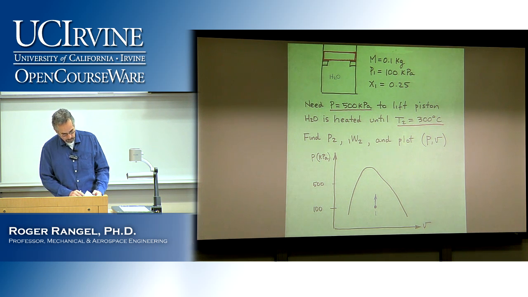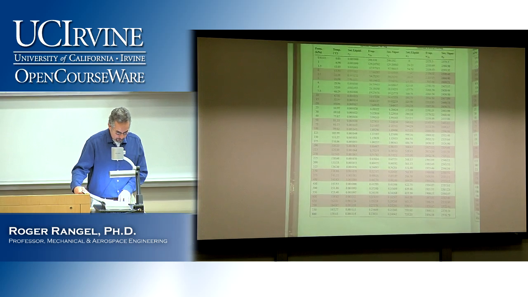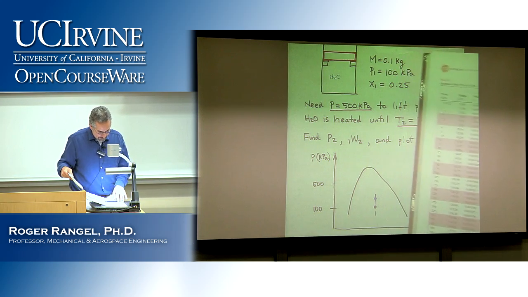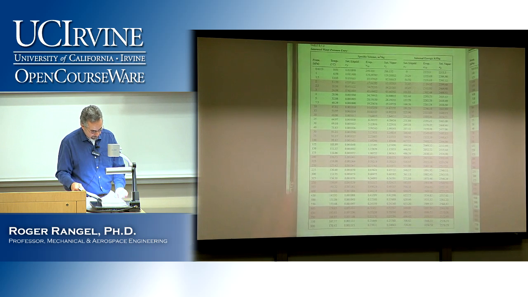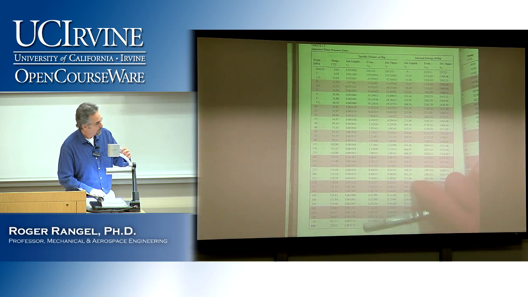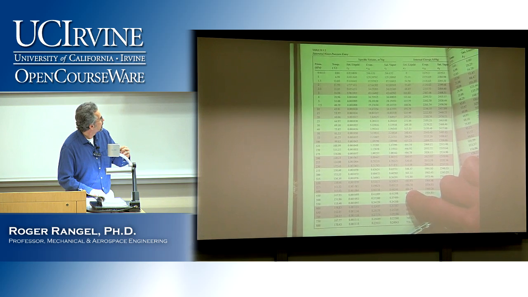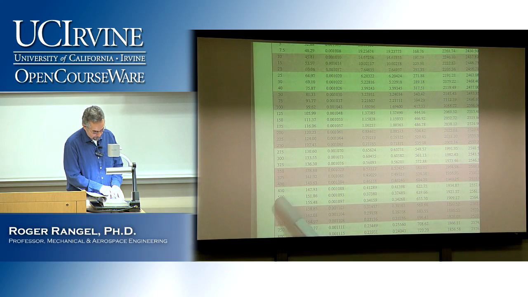Why am I saying B1.2? Because I have the pressure, right? So if I go to table B1.2, here it is. What am I looking for here? Essentially, I'm looking for the entry at 500 kilopascals. Is that visible for everyone? All right, 500 kilopascals. I'm going to read a temperature here. What is this temperature?